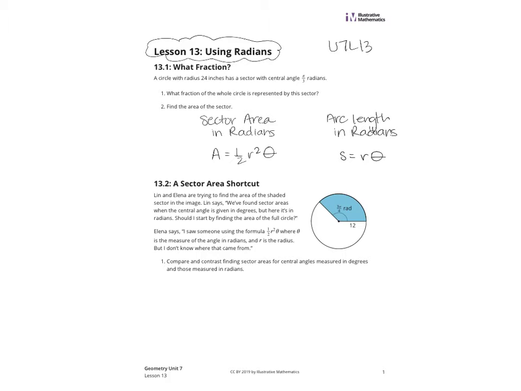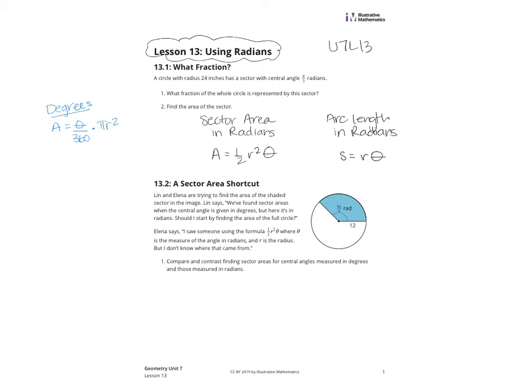So let's go back to last week. When I was working with area in degrees, we established that our formula was the portion of the circle, theta over the entire circle, 360, times the area of a circle, pi r squared.